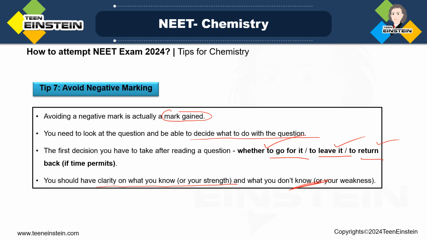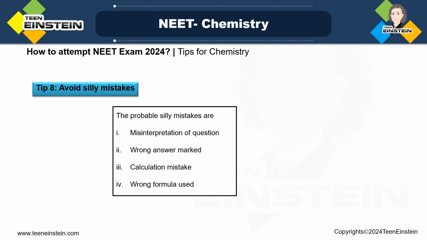It is equally important that even if you are not attempting every question, whatever you are doing is correct, because avoiding negative marking is actually a mark gained. Silly mistakes you have to avoid. A probable silly mistake is not reading the question well, which we discussed in tip 2: read the question carefully.